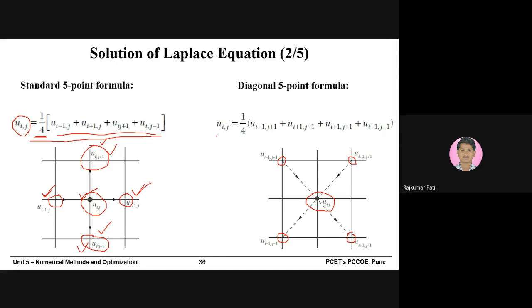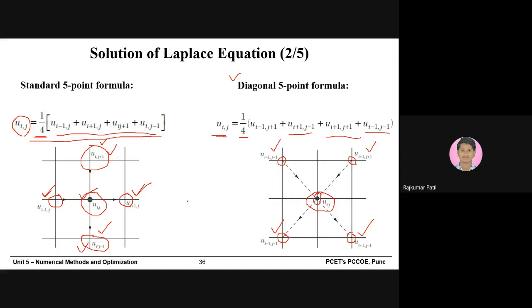So Uij is the average of Ui minus 1, j plus 1, plus Ui plus 1, j minus 1, plus Ui plus 1, j plus 1, plus Ui minus 1, j minus 1. This is how we can use the diagonal 5-point formula to calculate an intermediate node.